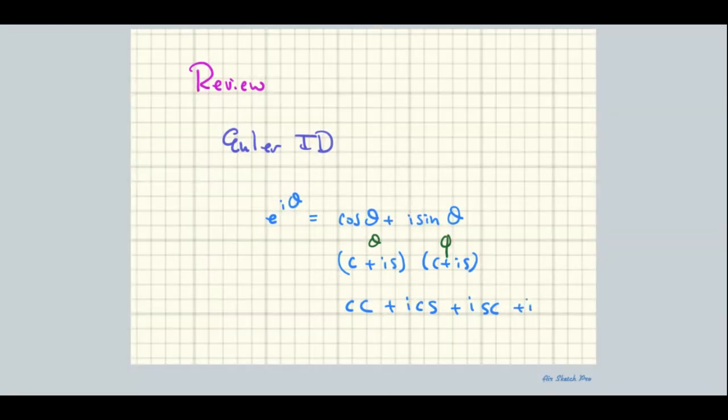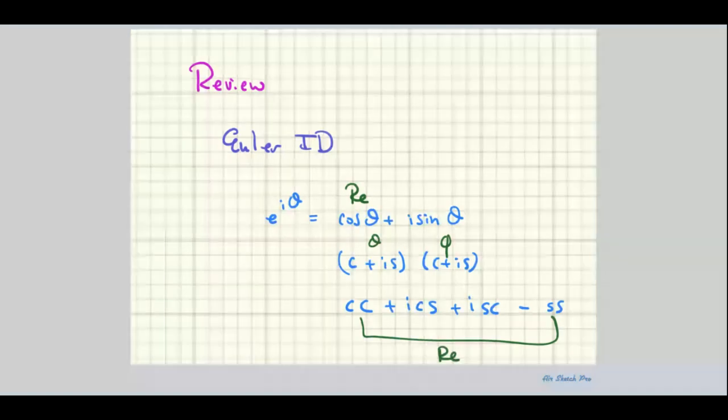Plus i squared S S. That's where the minus comes from. And then the real part is cosine. And the imaginary part is sine.